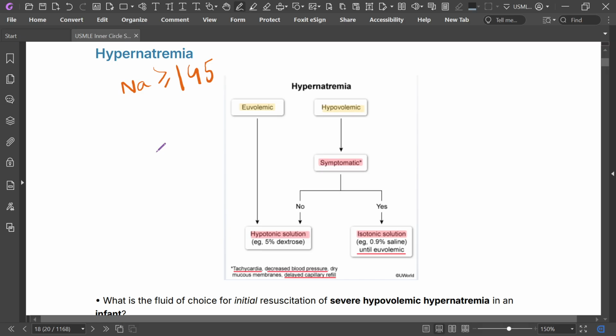Volume status exam includes jugular vein pressure, skin turgor, orthostatic vital signs, and evaluation for edema.